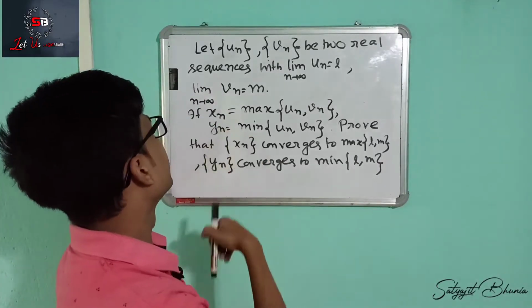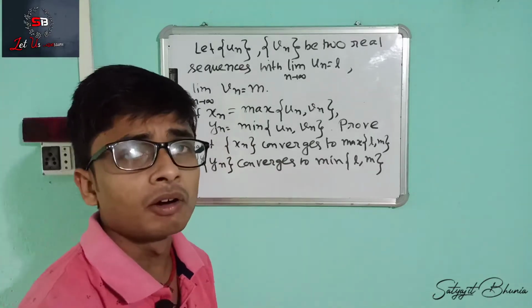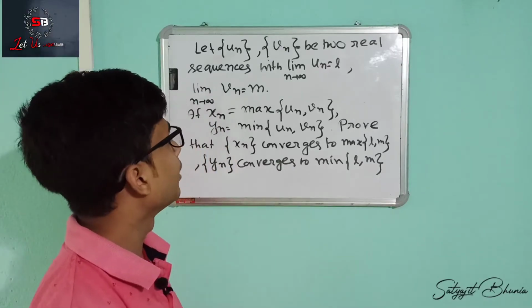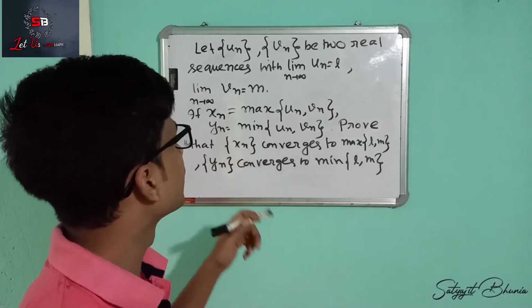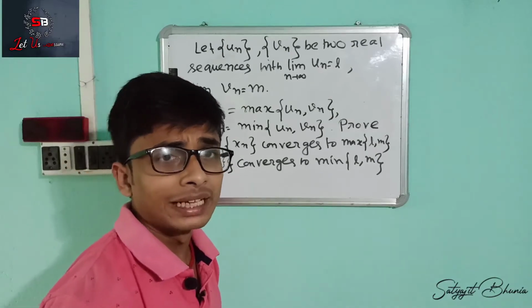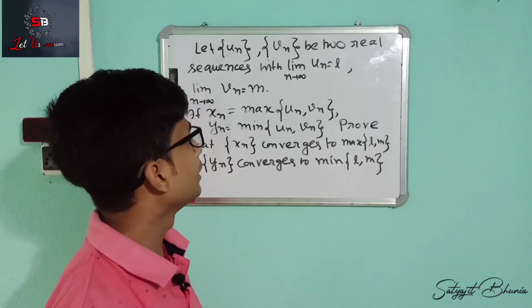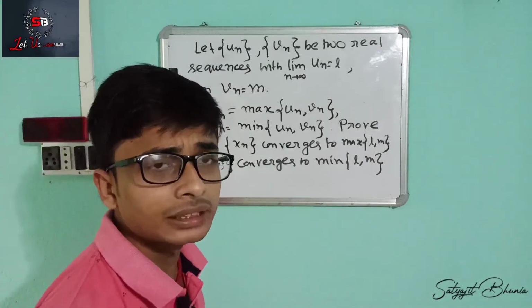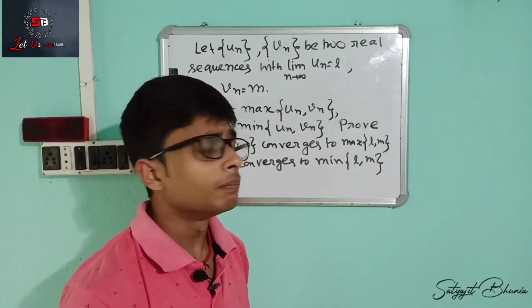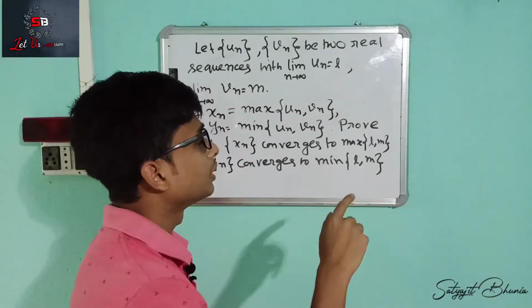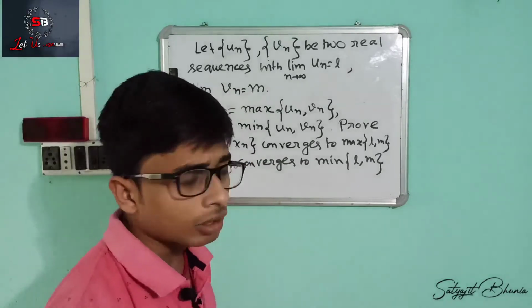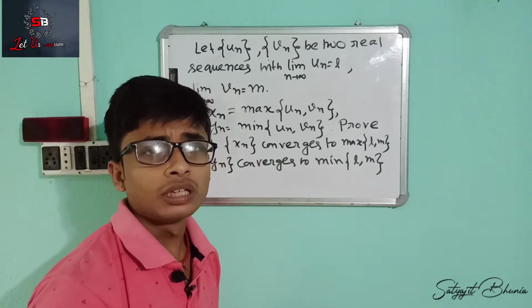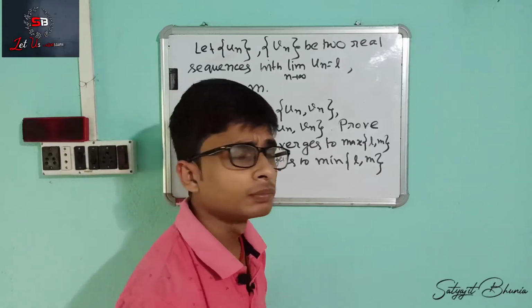If xn is equal to the maximum of un and vn, and yn is equal to the minimum of un and vn, then we have to prove that xn converges to the maximum of l and m, and yn converges to the minimum of l and m. So let's start the proof.